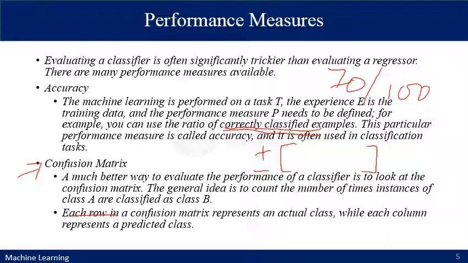You can mark the predicted class as positive and negative, so you get four values for a two-way or binary classifier. Positive examples which are predicted as positive are the correct examples.